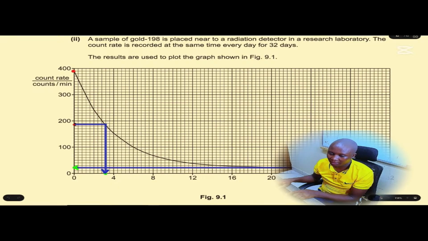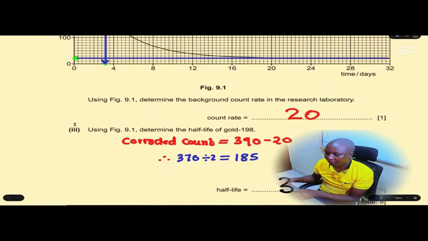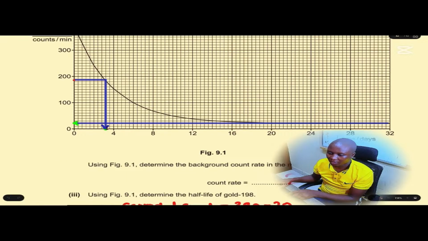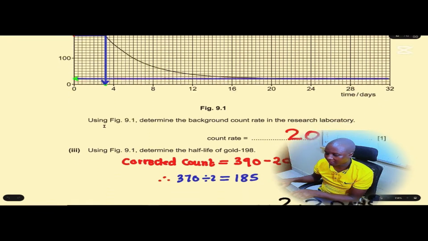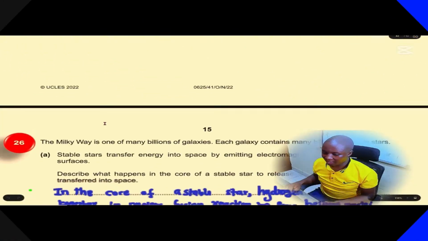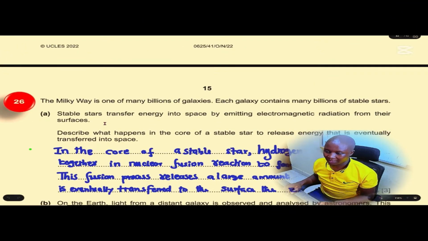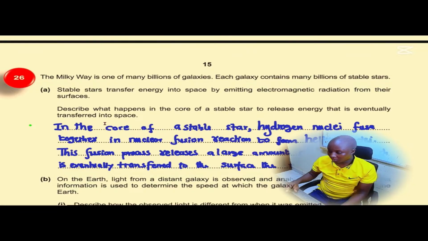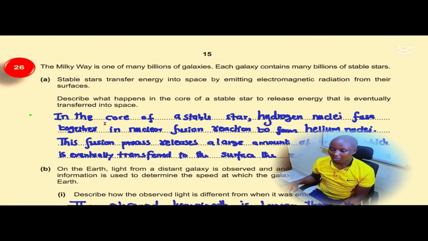Then you check where we have 185. 185 is at this point. Then you read the value down here, which is approximately 3.2 days. So in the event you are asked a question to do with radioactivity, this is how you approach it.